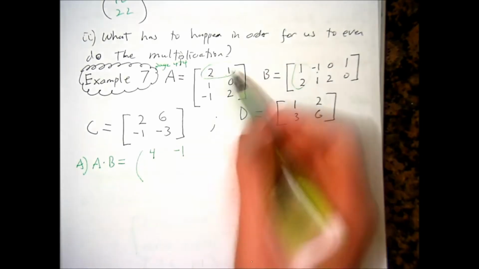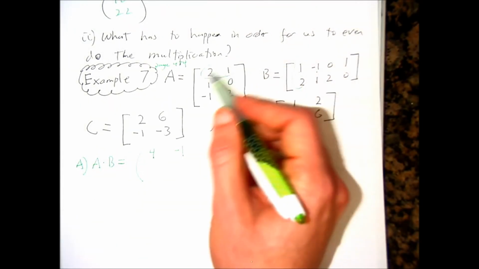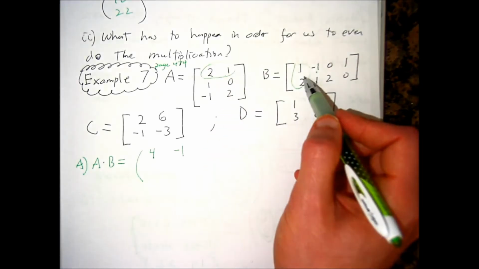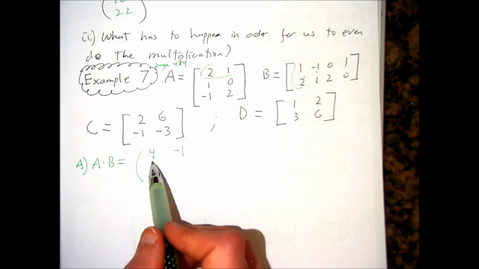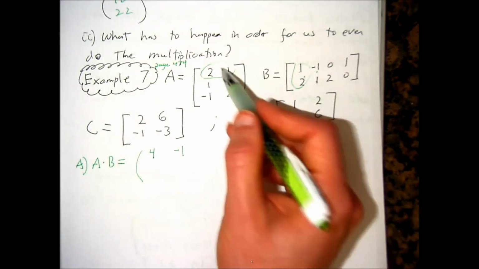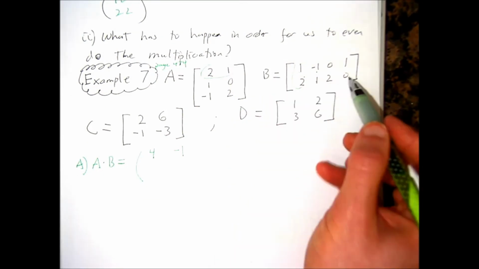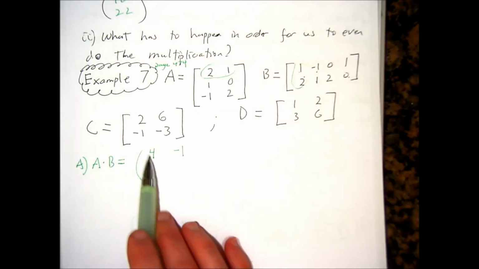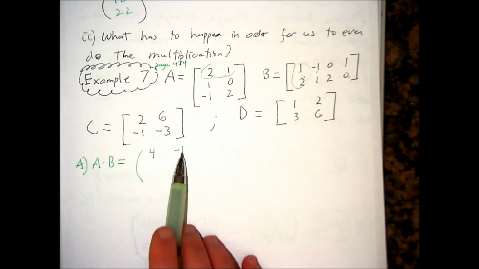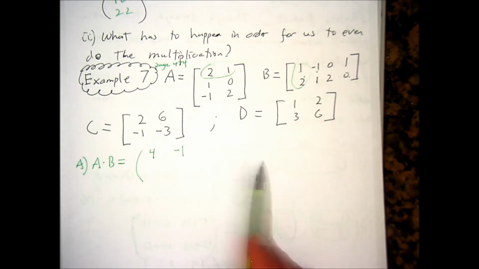You always remember that until you're done with your first row multiplying everything, that's what's going to finish the first row of your new matrix. Does that make sense? This first row times all of these columns gives me the first row of my new matrix. So it should have 4 elements.